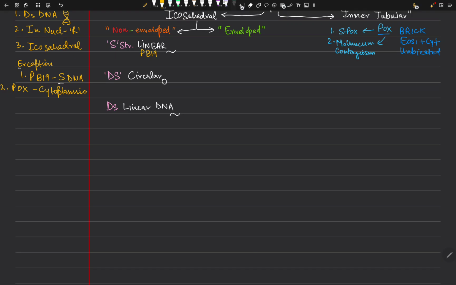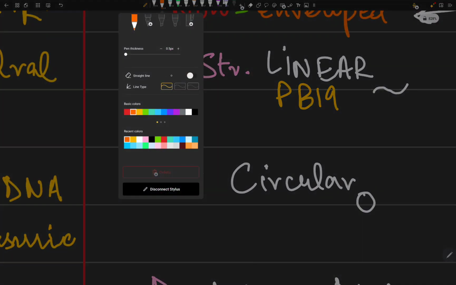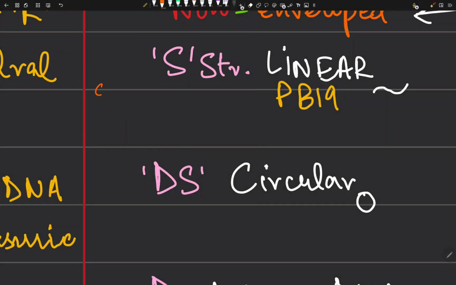So I'm gonna write here erythroid. I'm gonna write here which diseases I told you. A child with sickle cell, so I'm gonna write child plus sickle cell disease, drop in reticulocyte counts plus anemia.